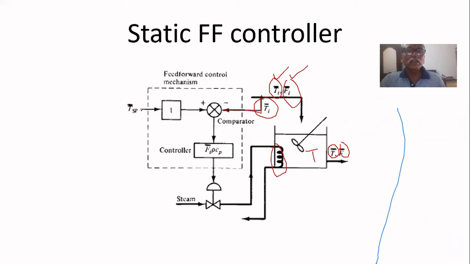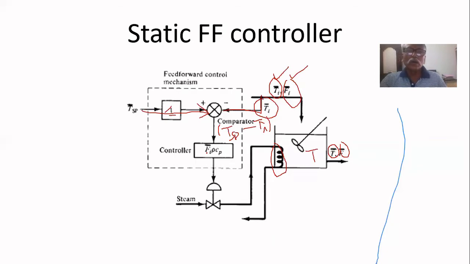That is subtracted from T set point. This one I will explain later; now you forget about this one. T set point we are supplying, and Ti is measured. The difference we get here is T set point minus Ti, and we have to multiply it with rho Cp Fi.